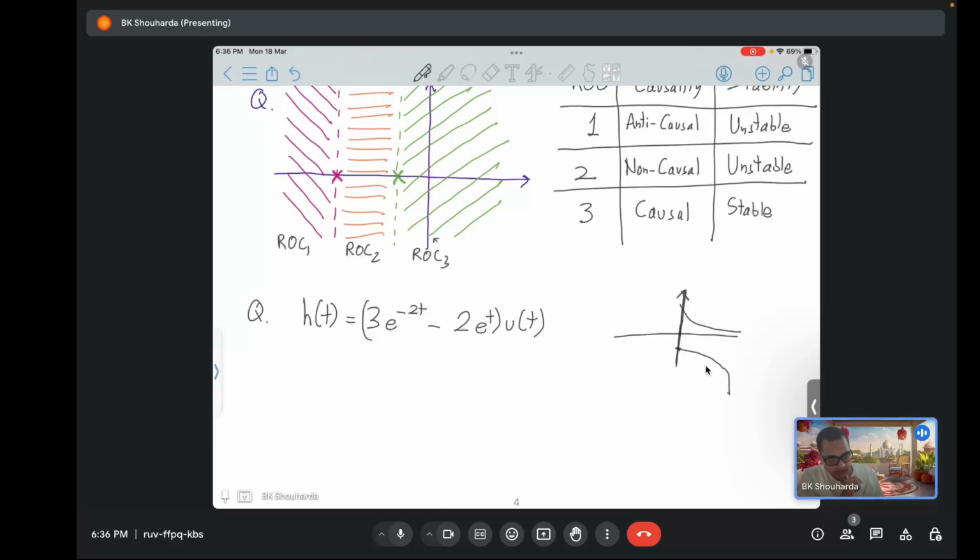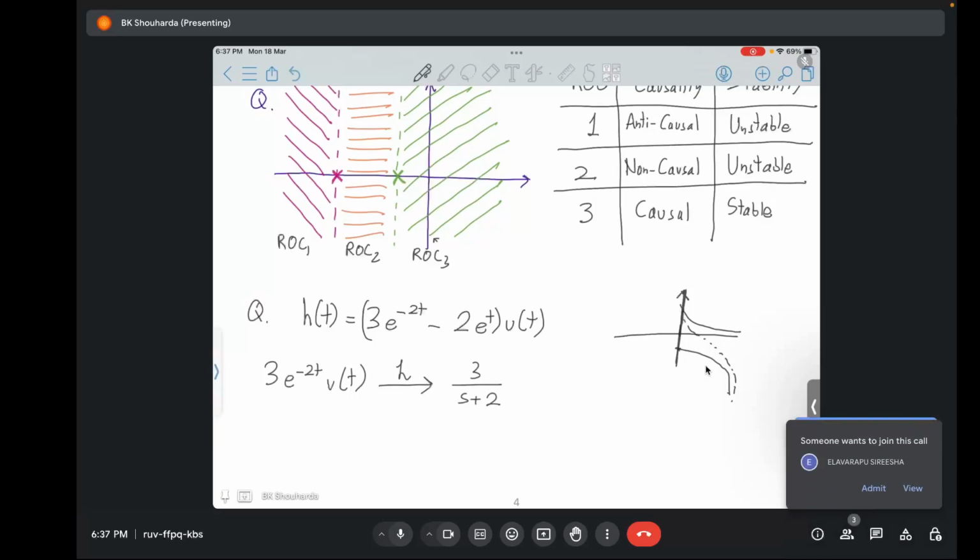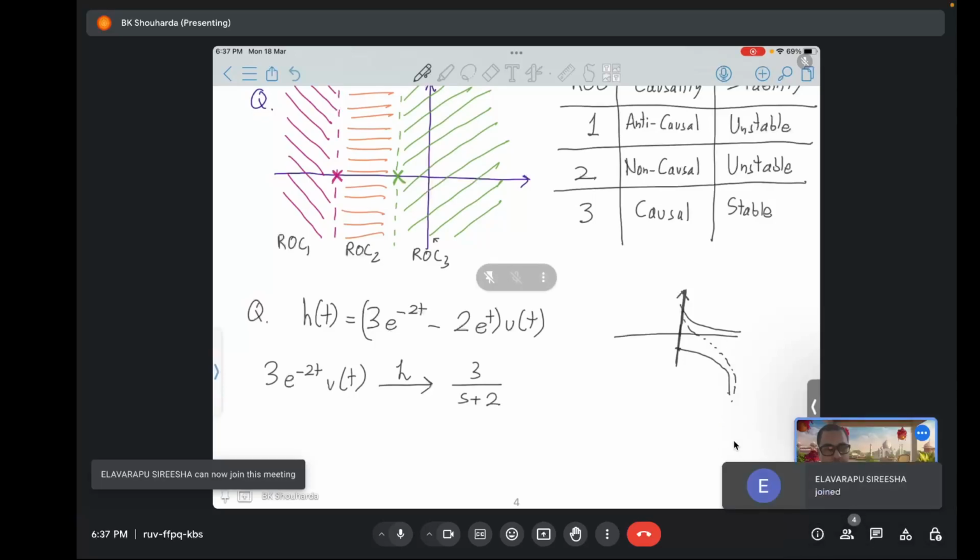So the net thing will be something like this. So 3 e to the power minus 2t u of t has a Laplace transform of 3 upon s plus 2, right?